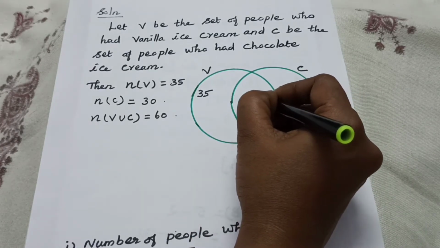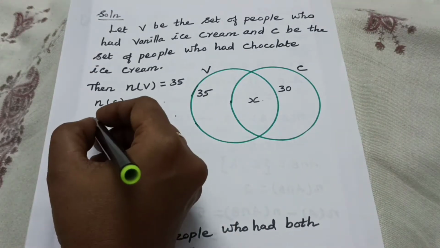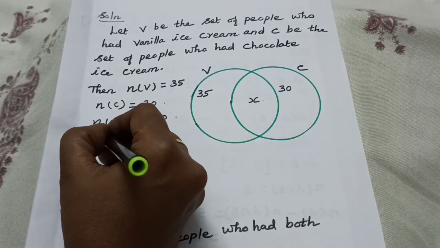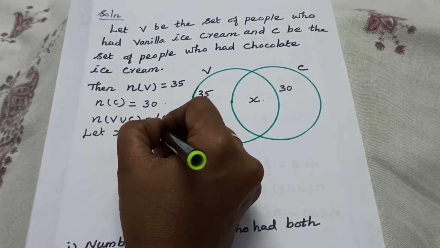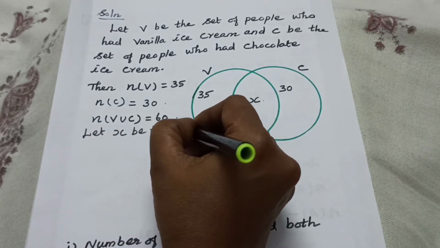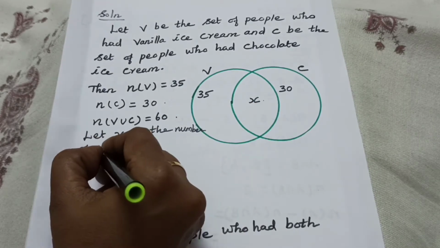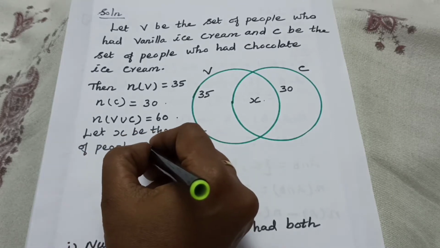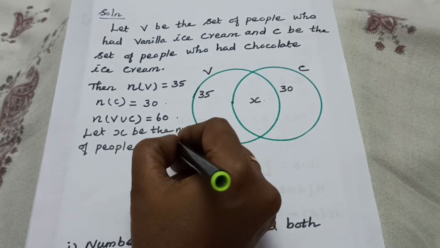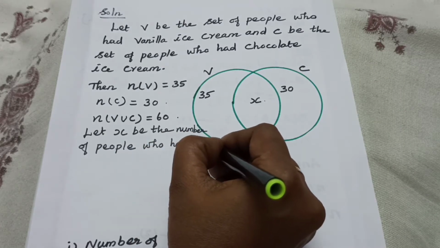We don't know. That place we have to take X. So let X be the number of people who had both ice cream.